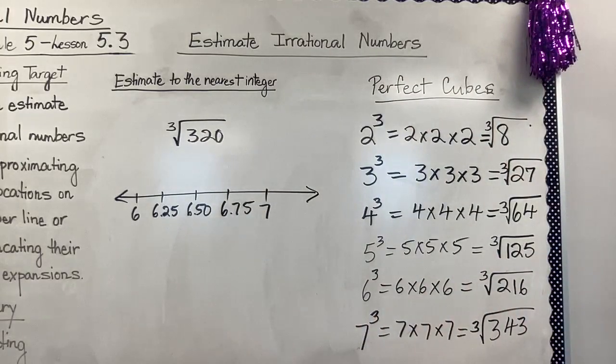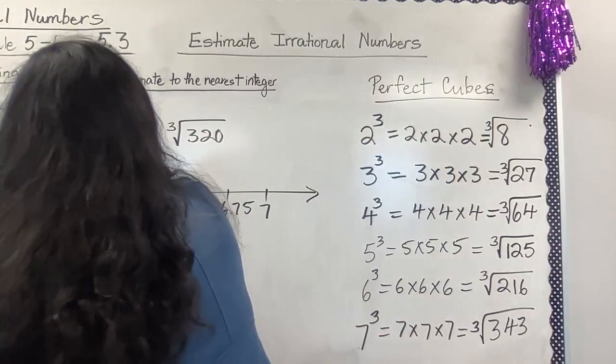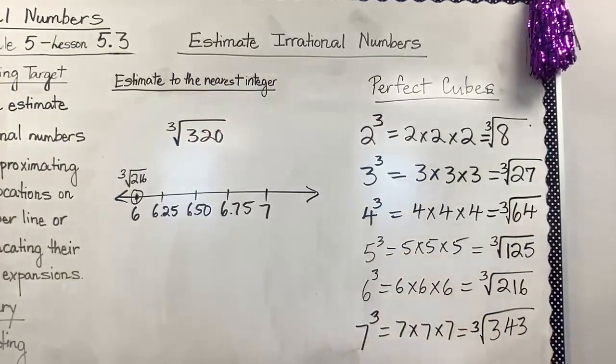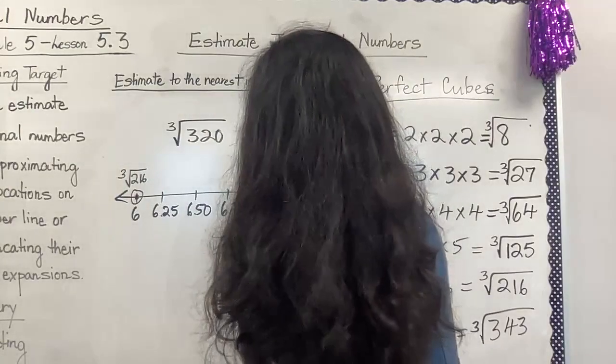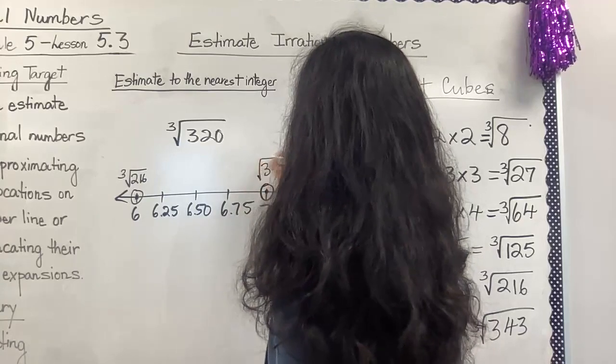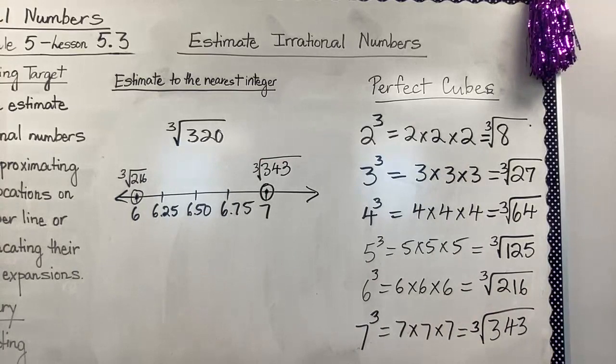Now we know that 6 is the cube root of 216, right? And 7 is the cube root of 343, right? All right, now let's look at the cube root of 320.